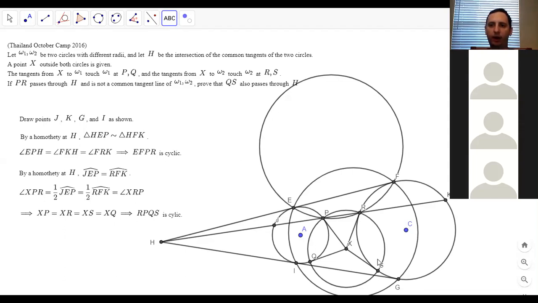Hold on. So I understand the angle chase you just said. Serdar and Hakan are saying inversion can prove it. Trying to understand what they're saying though.